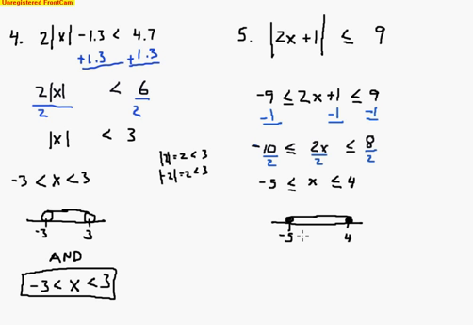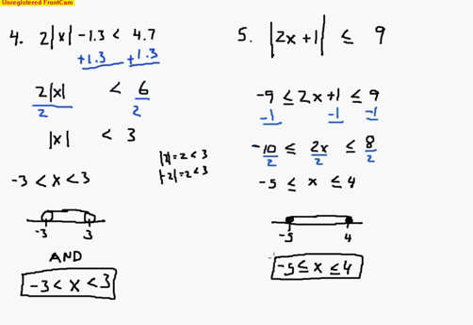And so, since they are in between, we can write the answer as the values of x being greater than or equal to negative 5 and less than or equal to 4. The values of x are in between. That's why we can write it as one inequality like this, instead of two separate ones with the word or. So those are the two different types of problems.